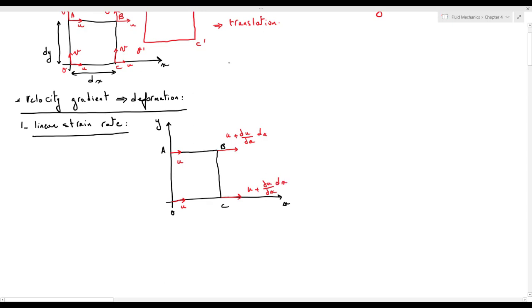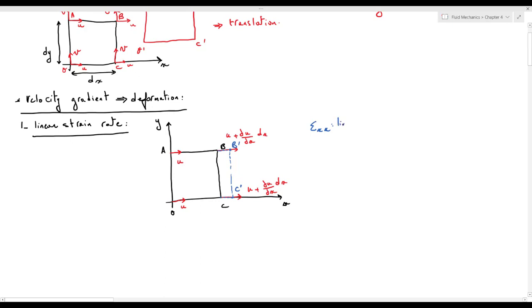So at points B and C we'll have the new velocity u plus del u over del x dx. So what will happen is that the segment AB will be stretched to a new length AB prime. So point B will be displaced to B prime, and point C will be stretched to C prime.